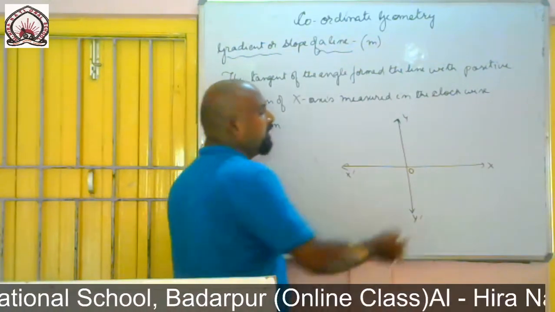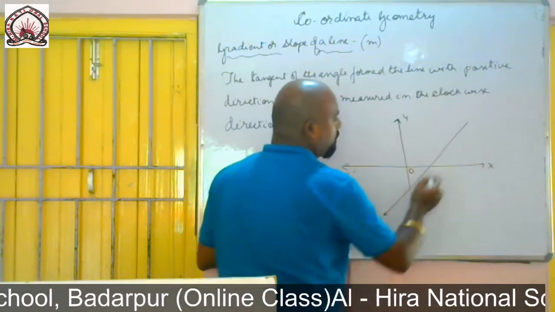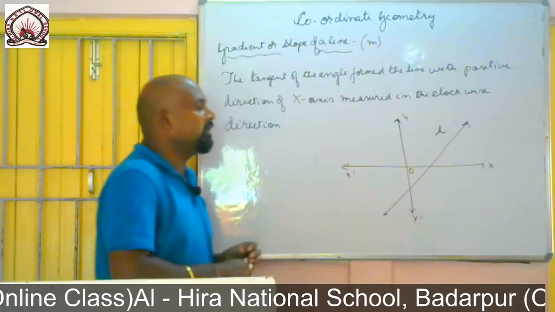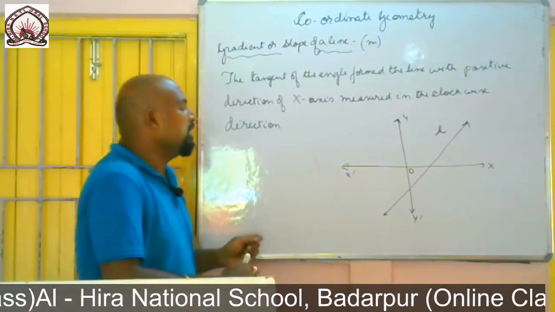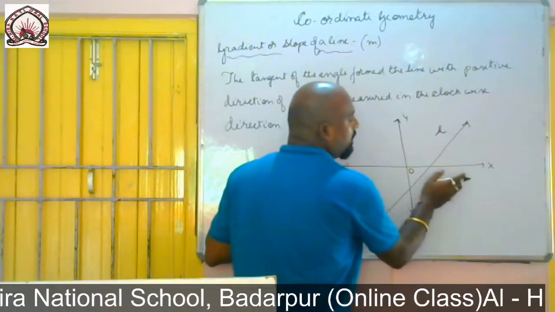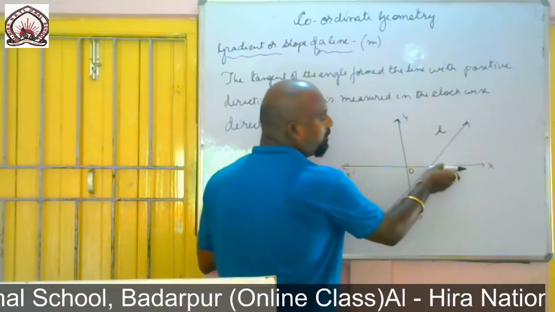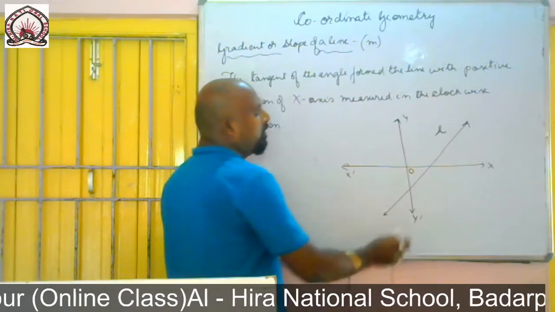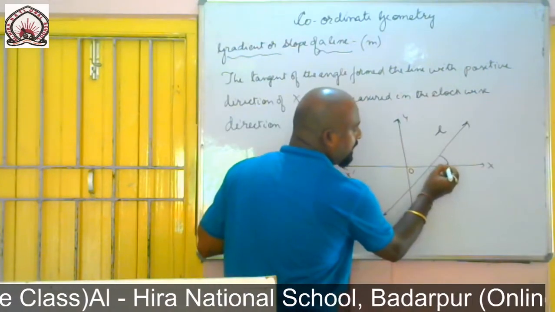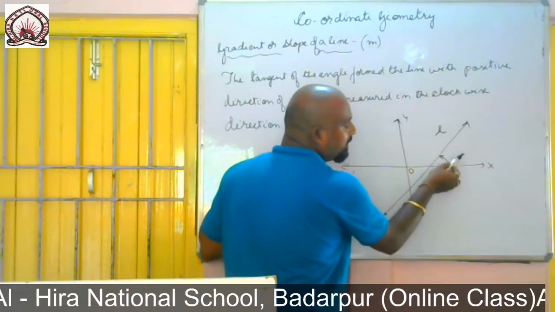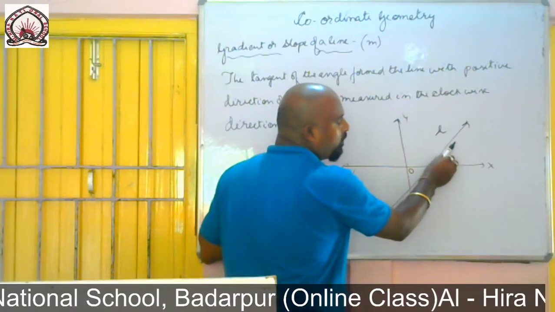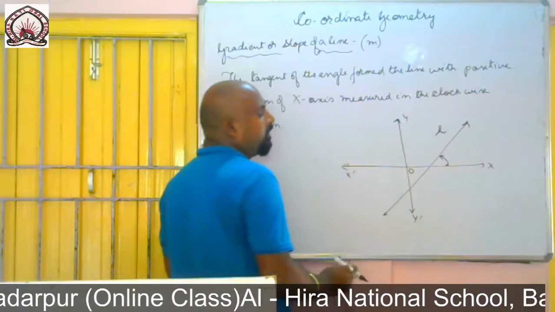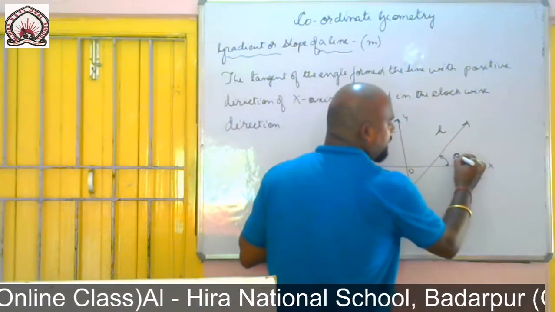Now let us consider this is a line, and we call it L. This is the line and this is the positive x-axis. Now this angle we are measuring in the anti-clockwise direction. When we take it in the anti-clockwise direction, the angle is taken as positive. This is the angle theta.